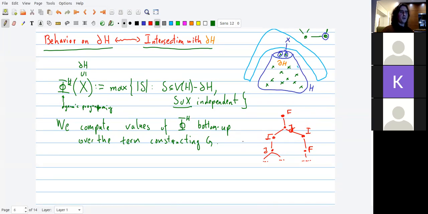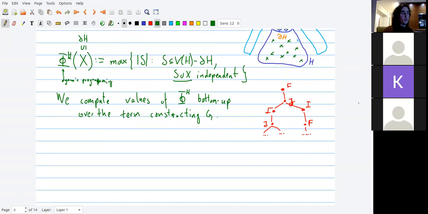Okay, I see some. Are there any doubts at this point? This is just a definition of a mathematical function that for a boundaried graph outputs some values.